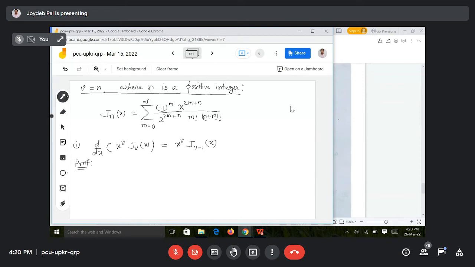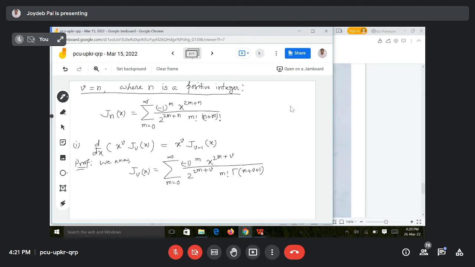See, what is the series for J nu x? First you write it. We know that J nu x, what is the series? Sum of minus 1 to the power m x to the power 2m plus nu divided by 2 to the power 2m plus nu m factorial gamma of m plus nu plus 1.